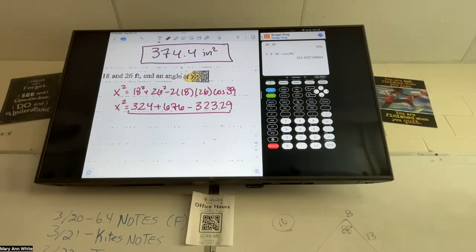I combine all of those. Oh, I have too many threes up there. So x squared is going to equal 676.71, square root both sides. And I get 26.